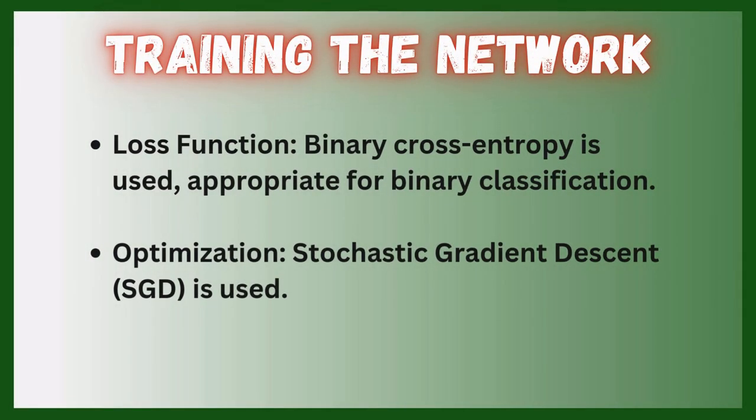Now we will define the loss function and optimizer. For binary classification tasks like XOR, we use binary cross entropy as the loss function and use stochastic gradient descent for optimization.